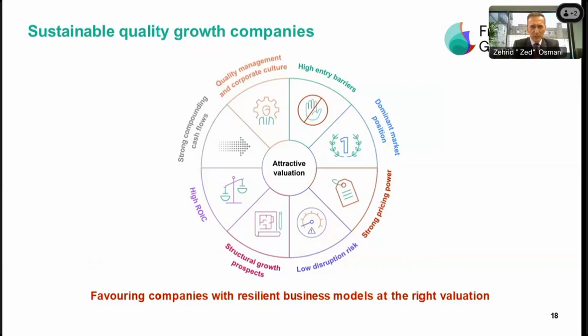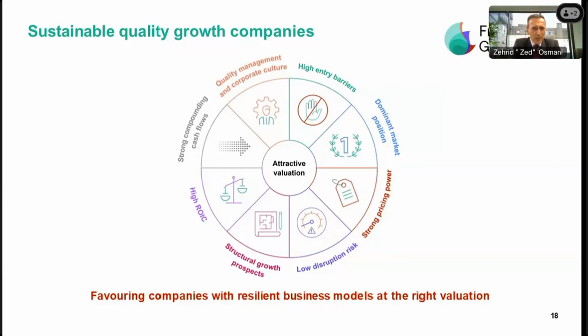And the characteristics that we focus on when we're looking for companies to enter the trust are companies with high barriers to entry and dominant market positions, or the potential to be dominant, which gives them strong pricing power, which is critical in this period of higher inflation and sustained tariff tensions. Lower disruption risks in a world that will continue to remain disruptive.